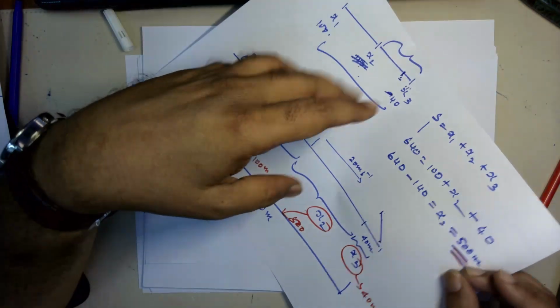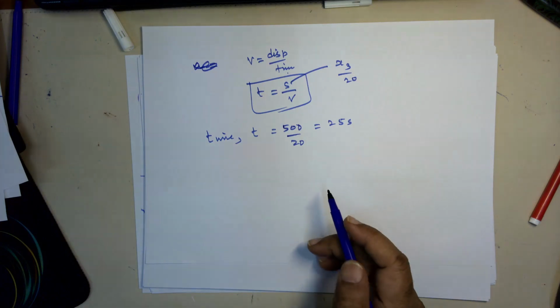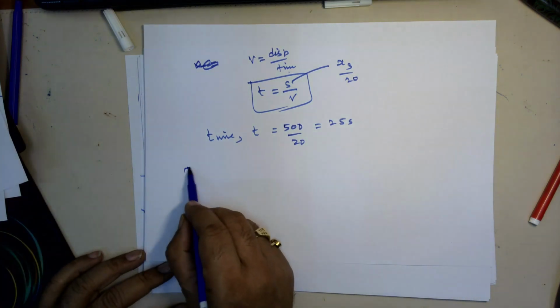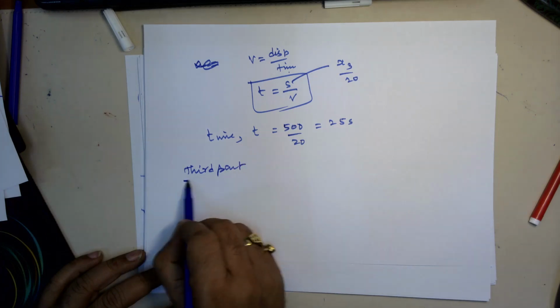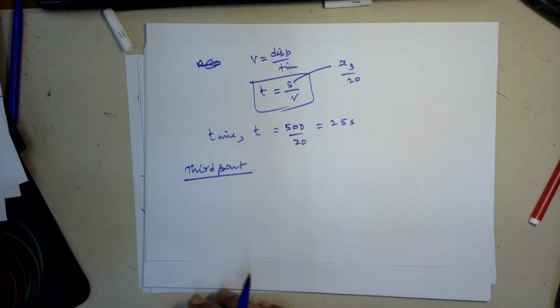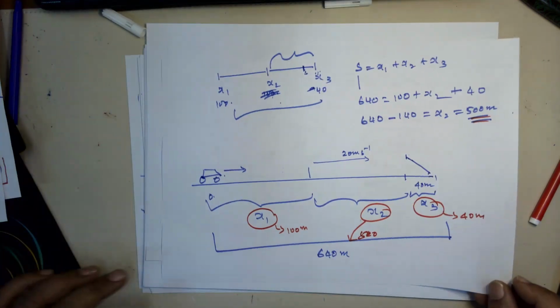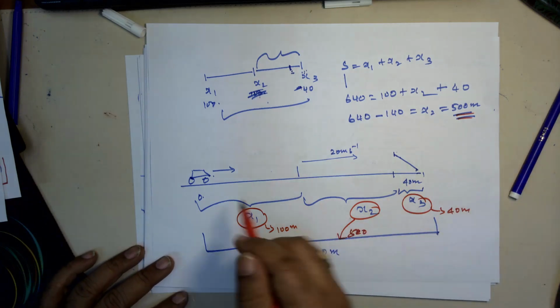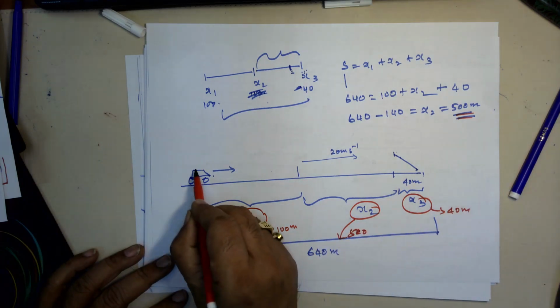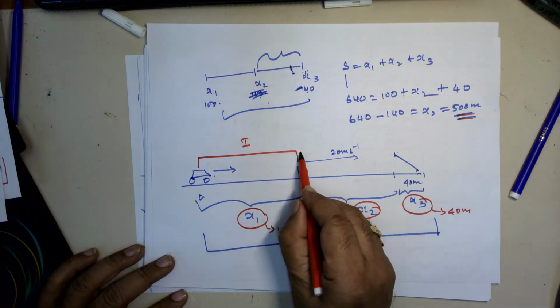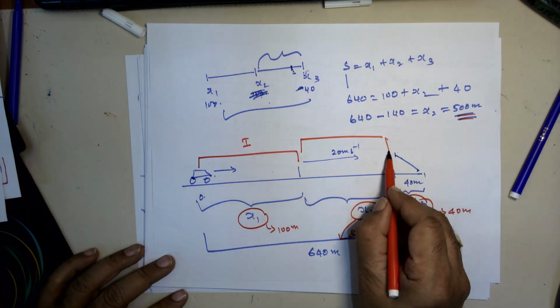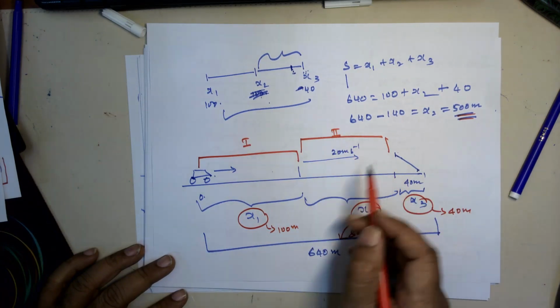Now let us move to the third part of the motion. Are you able to understand? Listen to me carefully. From this position to this position is the first part. From this to this is the second part.